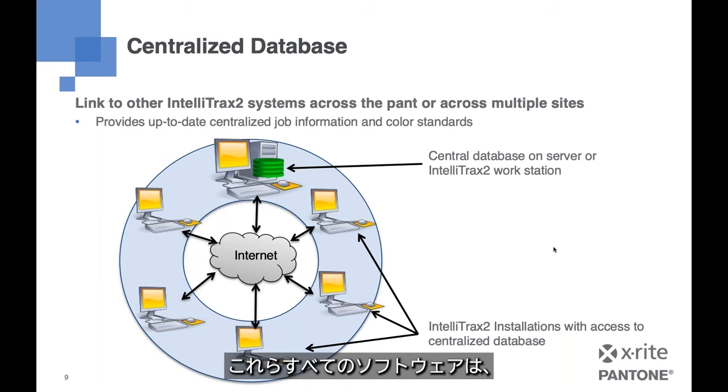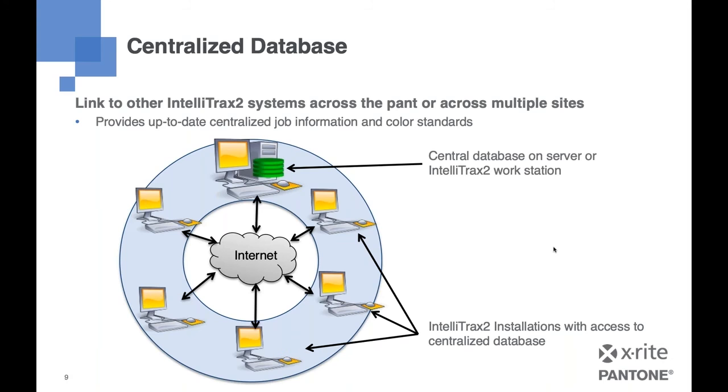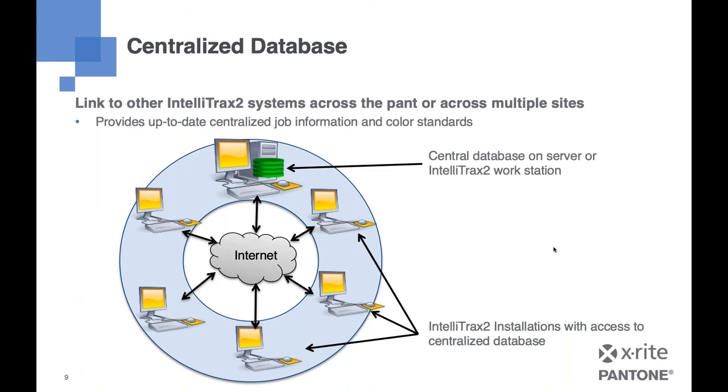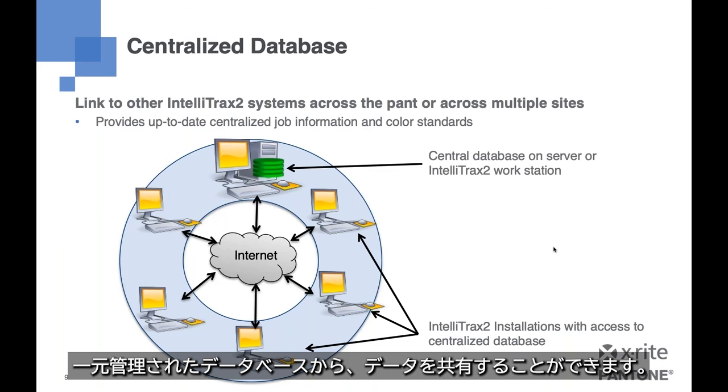Then what we also do with both of the software, you can have a centralized database. So if you have multiple presses in your print shop or across multiple plants, you can access this from one database.